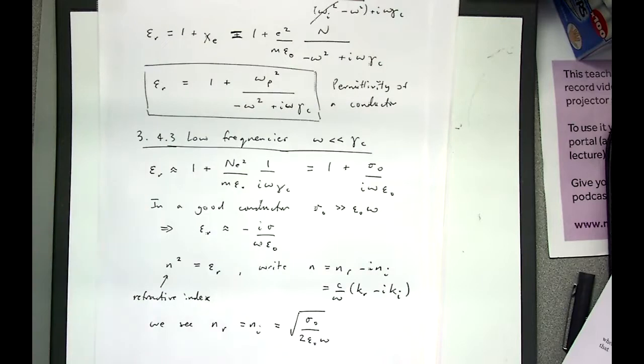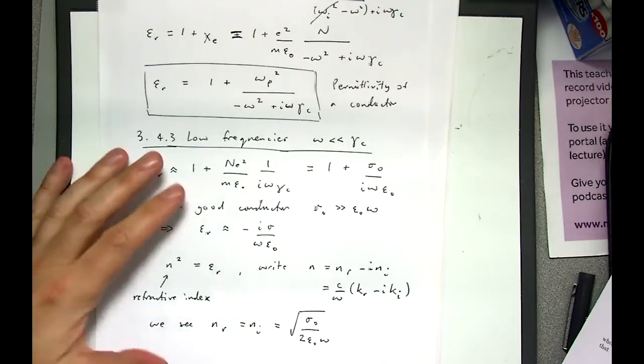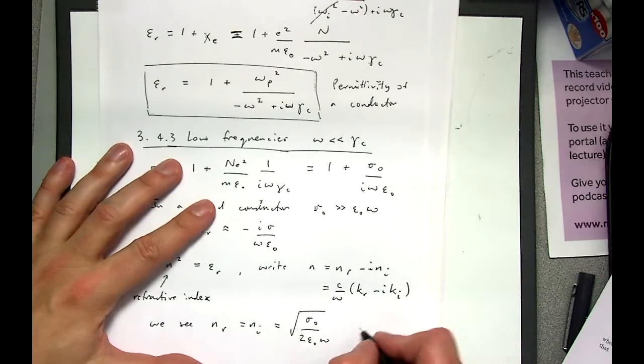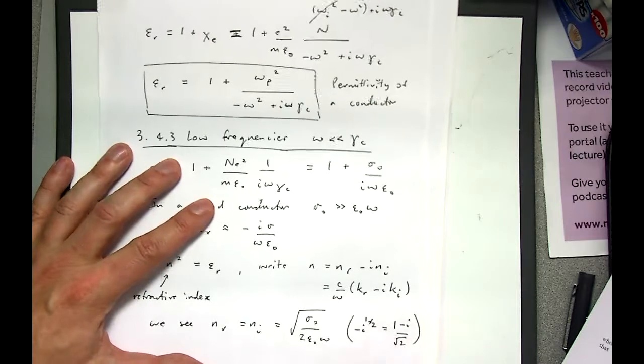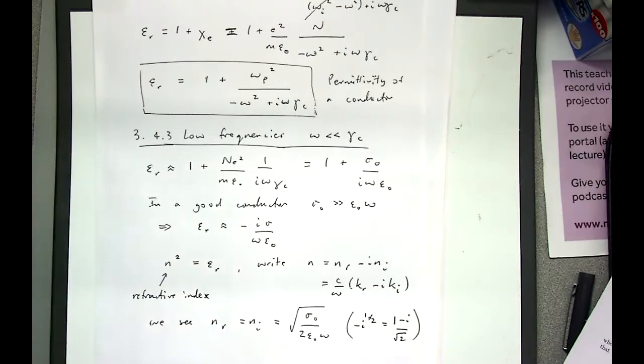And again, you see that 1 over root frequency appearing again. And we've done the same trick as we did before, where we said minus i to the half. I'm not going to do the full derivation here. It's equal to 1 minus i over root 2. That's where that factor of 2 comes from.